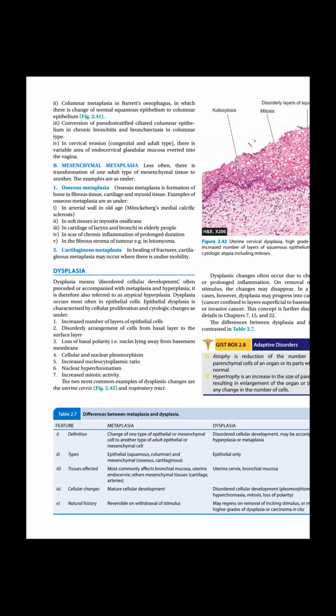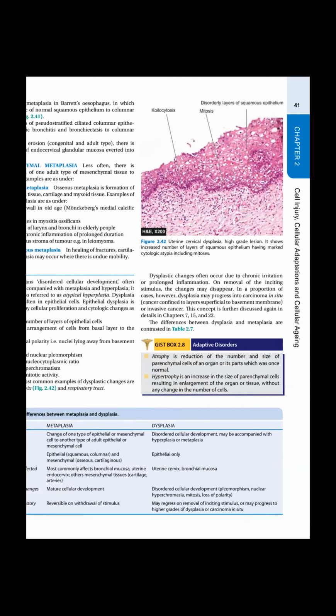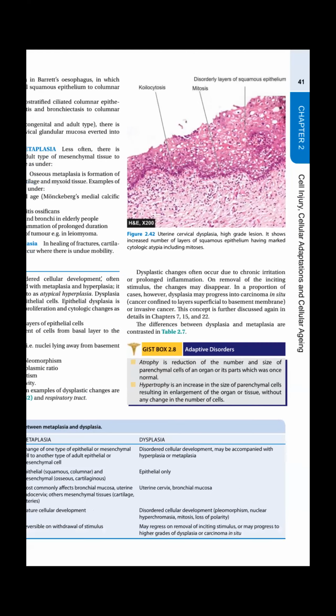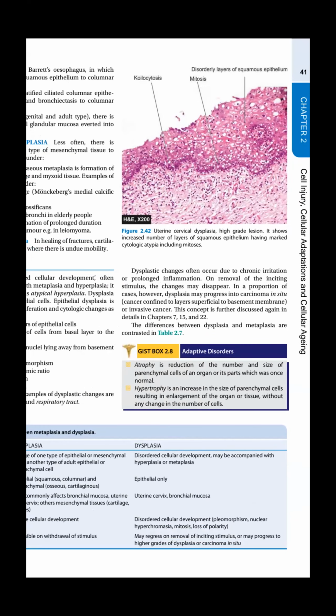So what happens in this? The ratio of nuclear content to cell content increases. The nucleus shows hyperchromatism, and increased mitotic activity is happening in those regions. This is mainly seen in chronic conditions. Dysplasia is seen in chronic or high-grade lesions. In the squamous epithelial layer, these are the things that will be seen.